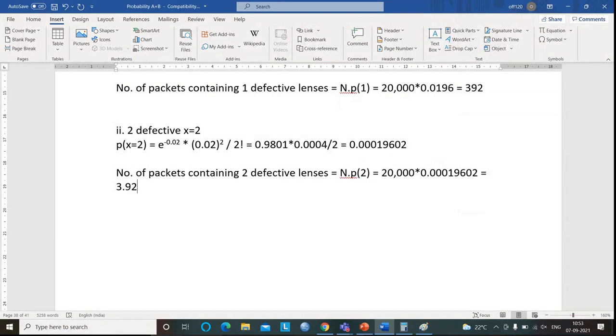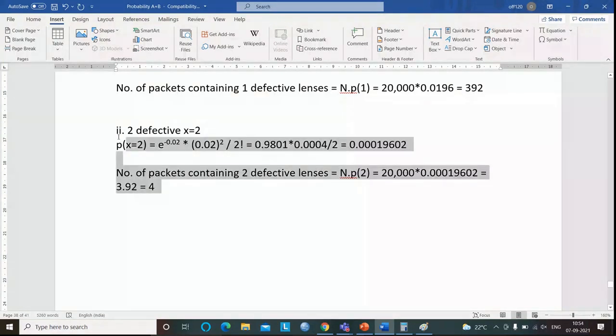That means approximately equal to, because the number of packets cannot be 3.9, right? So it is the nearest value. That means 4 packets. Out of 20,000 packets, there are only a few. That means 4 packets are containing 2 defective lenses.